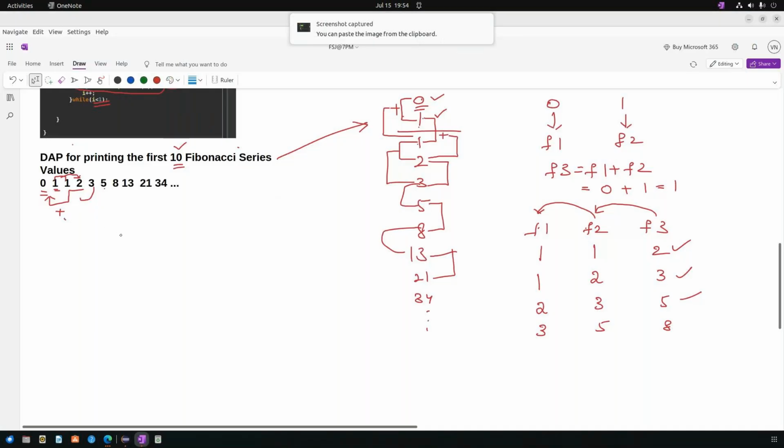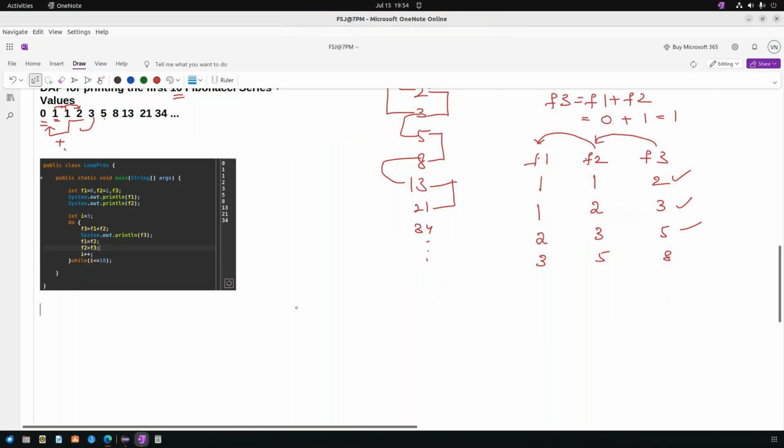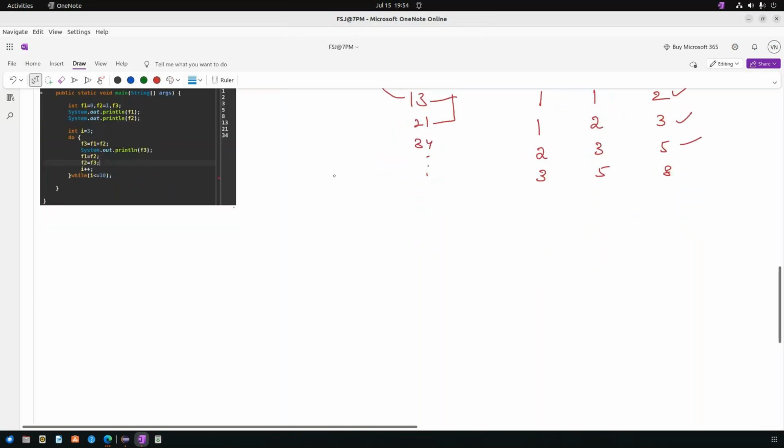So here, if you observe, just now I told you that F1 will be 0, F2 will be 1 fixed, and I is equal to 3.